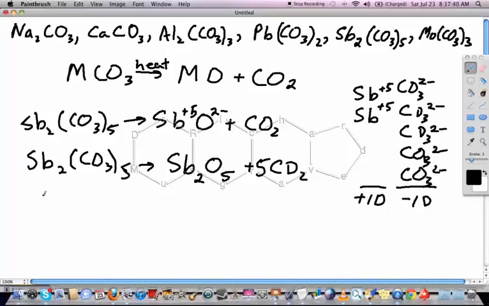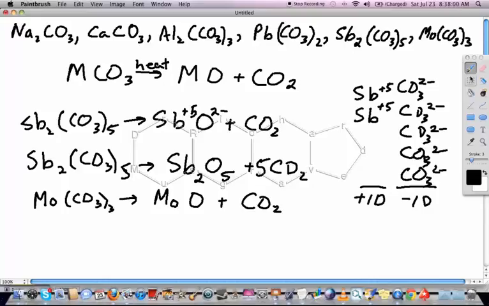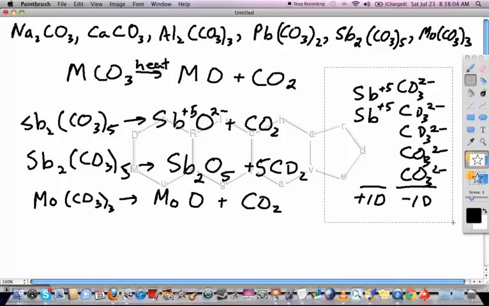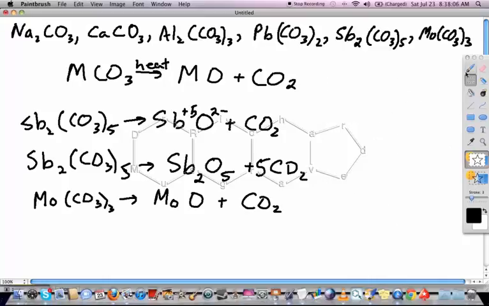Mo(CO3)3. Let's look at how we get the charge on that one.